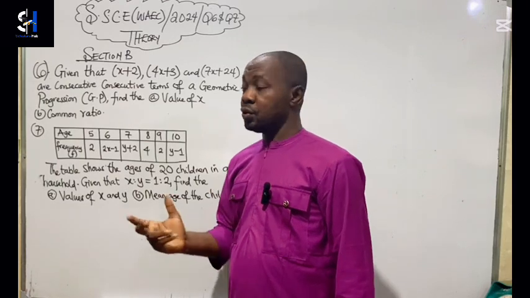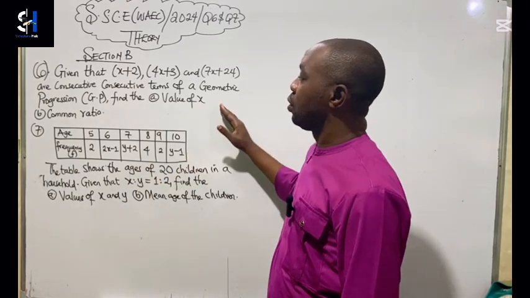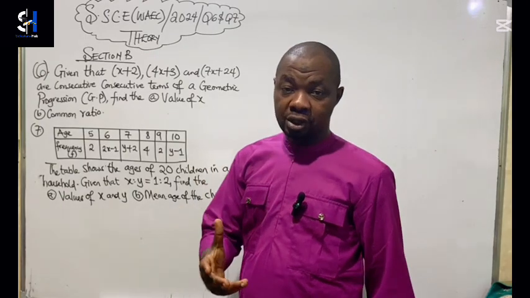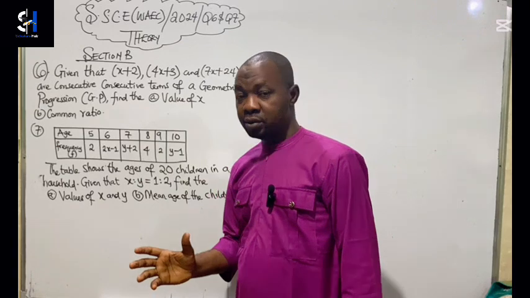Now, question 6 is all about geometric progression. Question 7 is all about data collection.